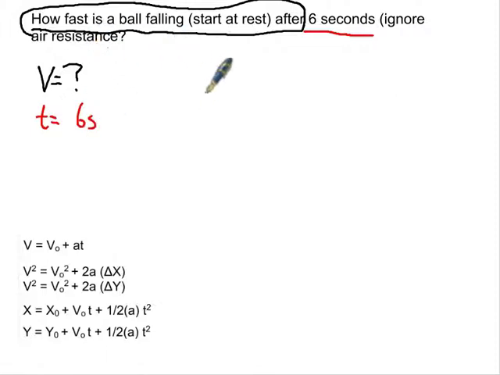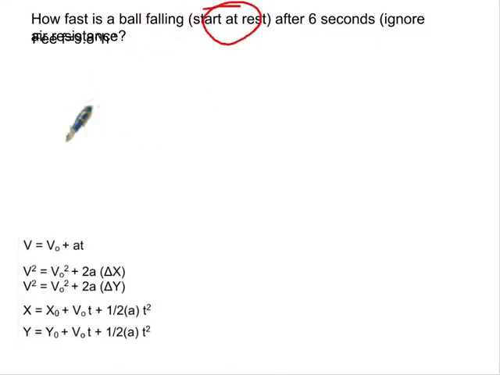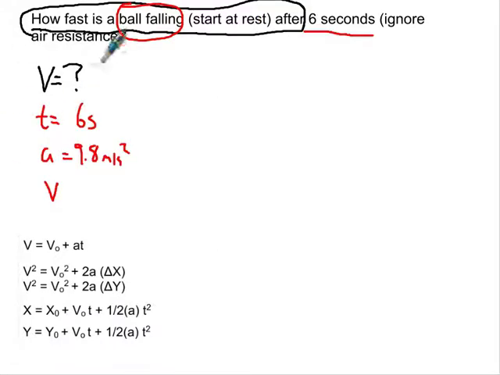We're not given any more information, but we do know the ball is falling, which means the acceleration equals 9.8 meters per second squared. And we know that the starting velocity, because it says at rest, is 0.